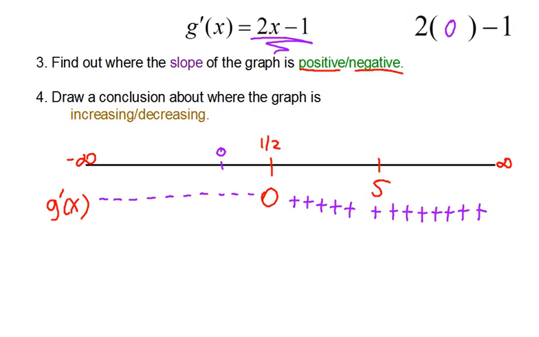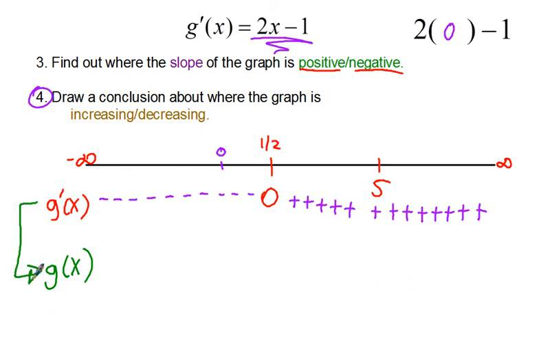We're done with that. Okay, and from this, we can now draw a conclusion about the behavior of g of x, the outputs of the function. So we're using information about slopes to make some inferences about outputs. If the slope is negative, we're picturing the graph doing this.